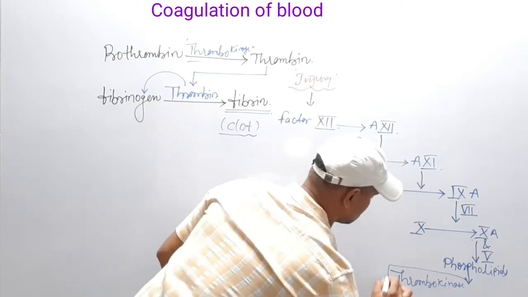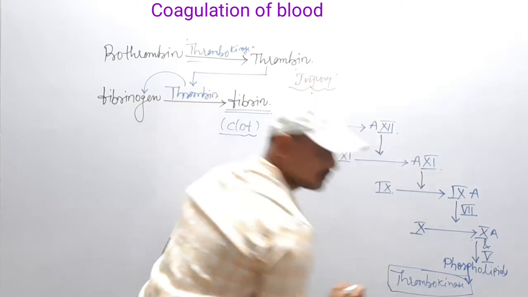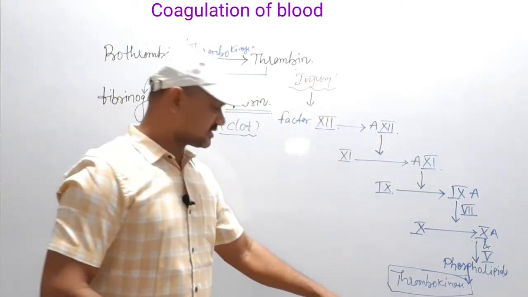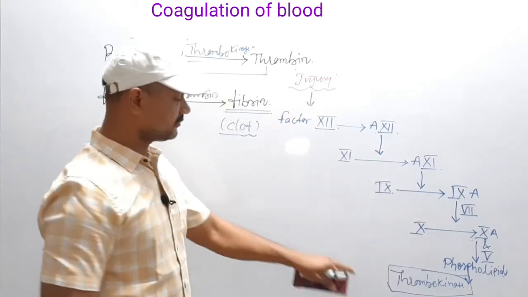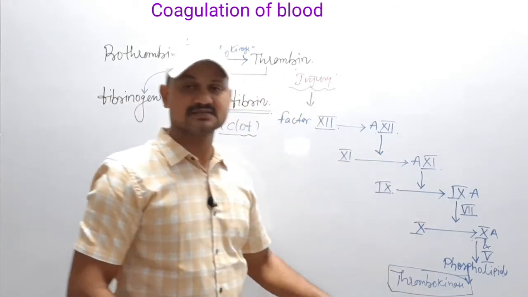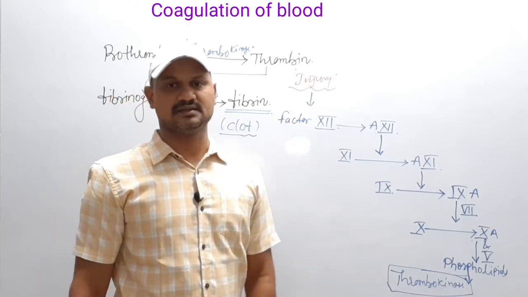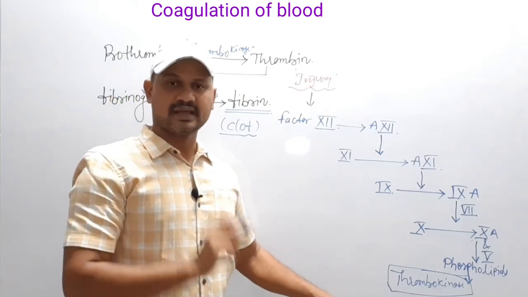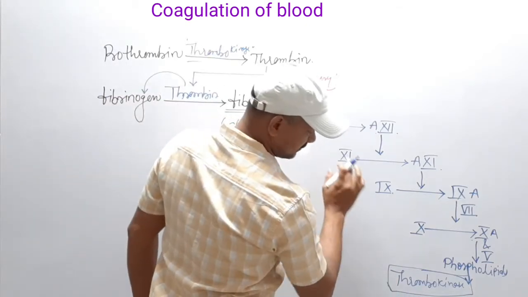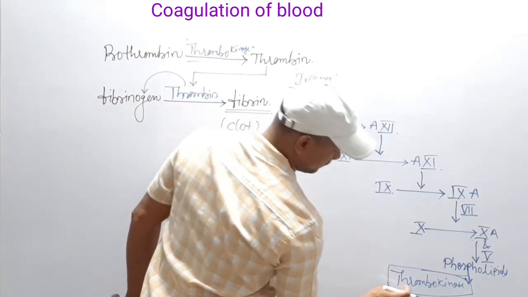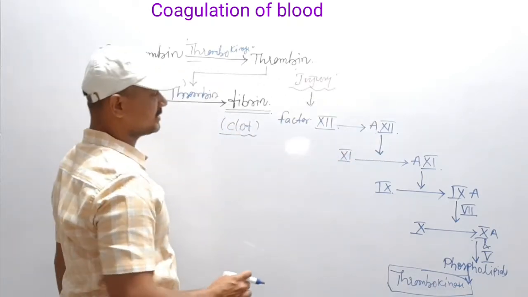Thrombokinase. So these are the steps we have to observe in the formation of thrombokinase, or the enzyme complex, or prothrombin activator. These are the steps which mainly take place in the formation of thrombokinase.